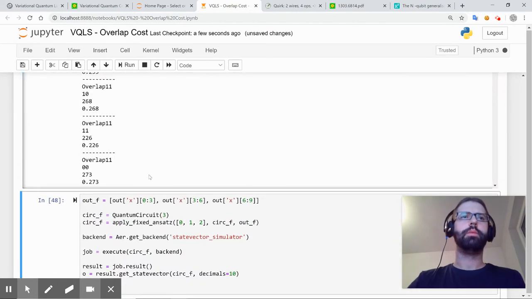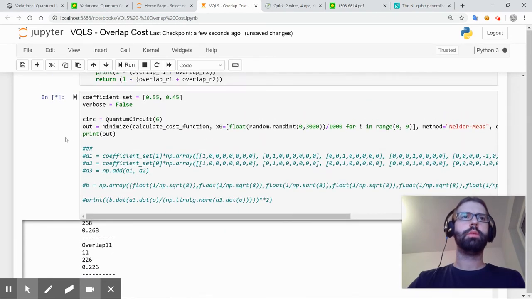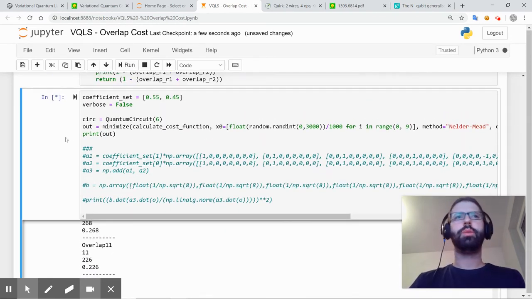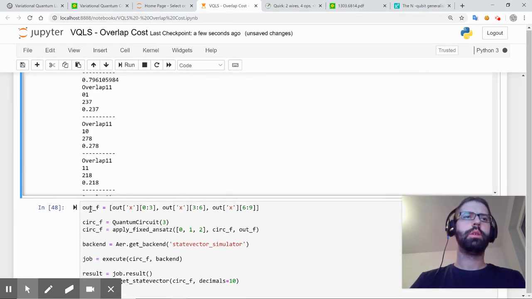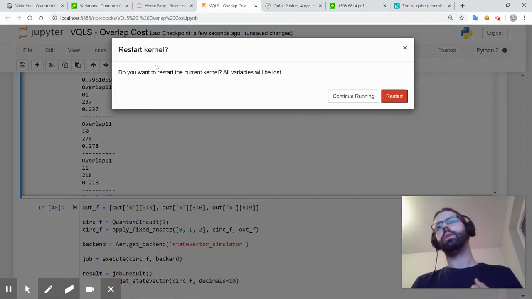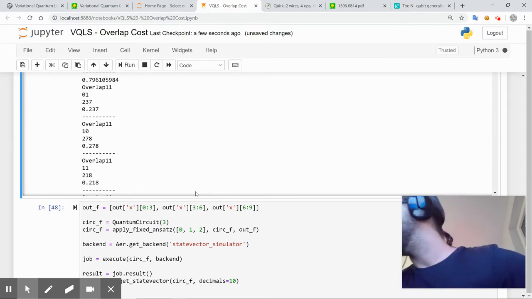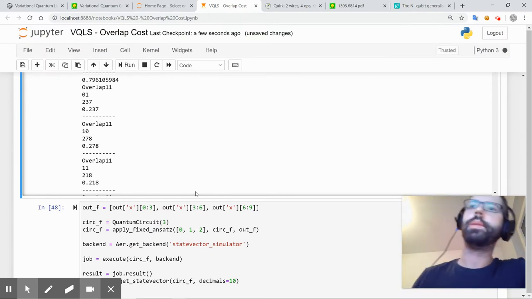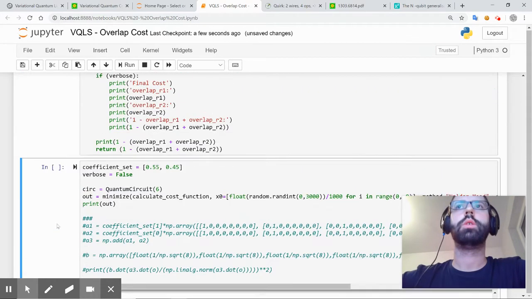Oh. No, I didn't want this. Damn it. Restart the kernel. I don't want to click on that. So, kernel ready.